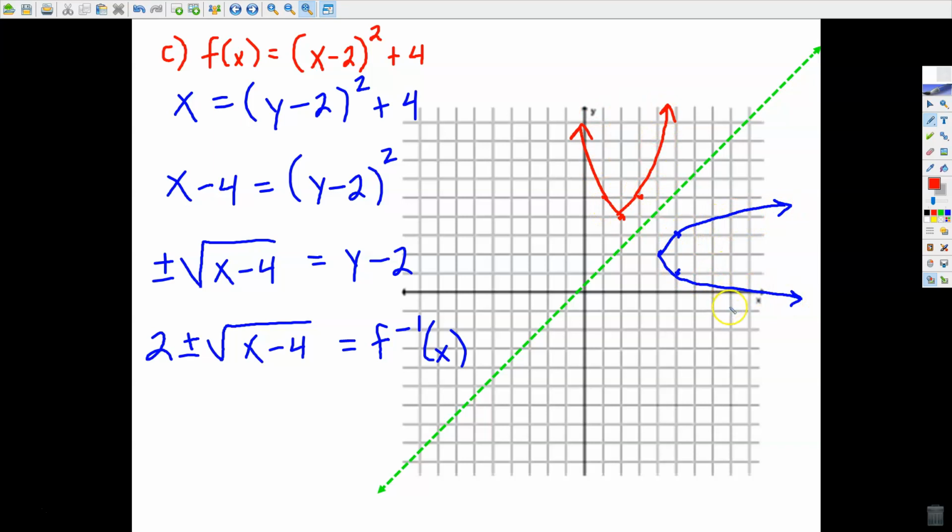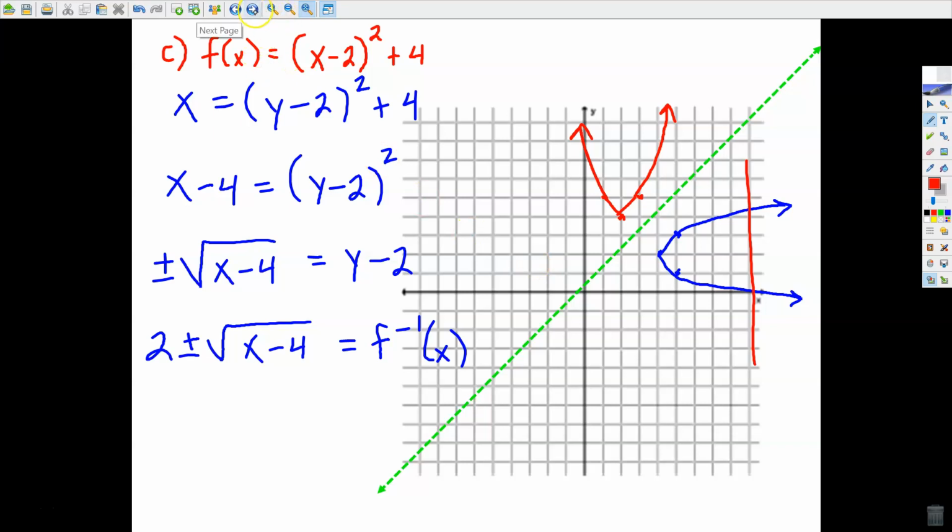Is the blue a function? Does it pass the vertical line test? It does not. And you're going to find that for parabolas, that's always true. The inverse of a parabola, whether it opens up or opens down, which would mean it opens as a backwards C, is never going to be a function because it's never going to pass the vertical line test.